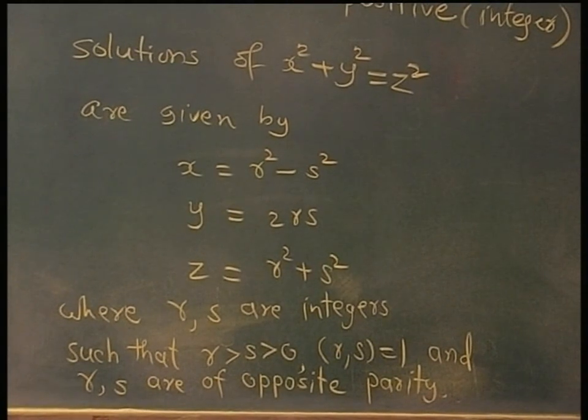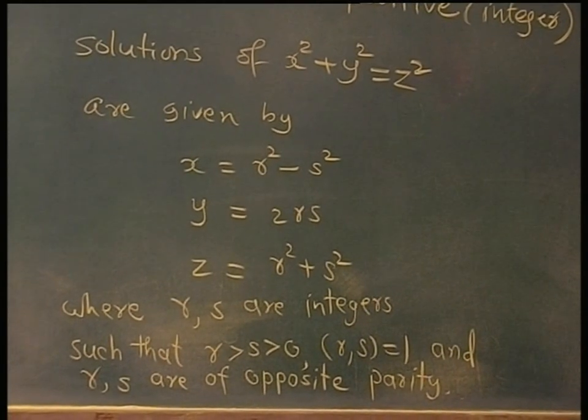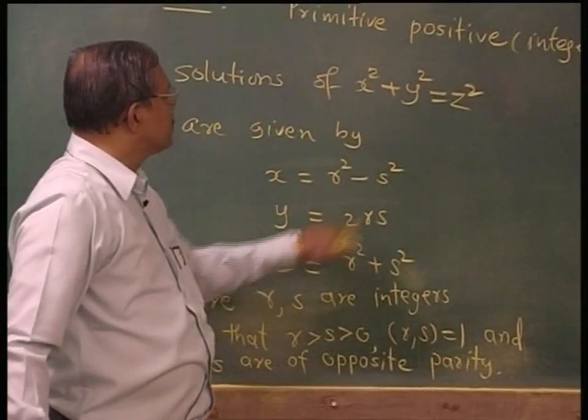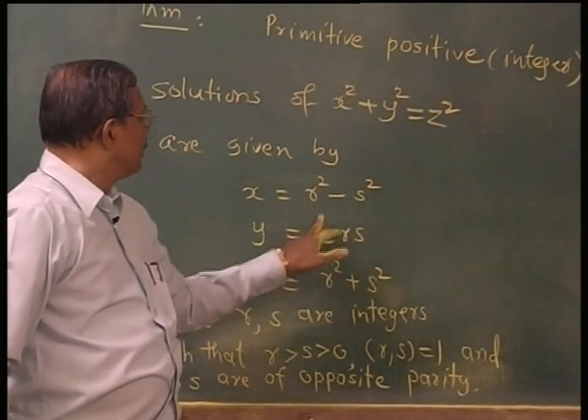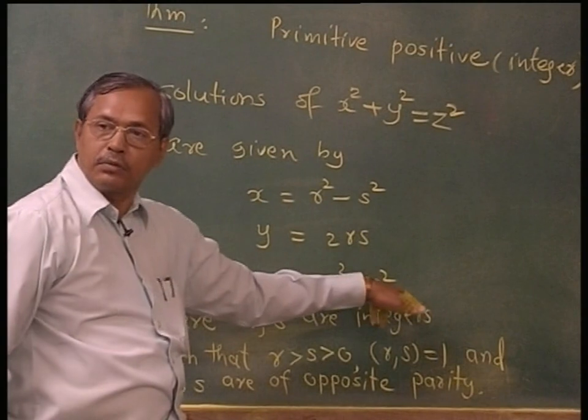And from primitive solutions you can get all solutions by just multiplying x, y, z by some common integer. Clearly, if you take x square plus y square, that becomes equal to z square. R square minus s square, whole square, plus 2rs whole square is equal to r square plus s square, whole square.